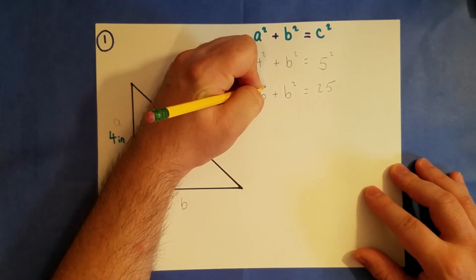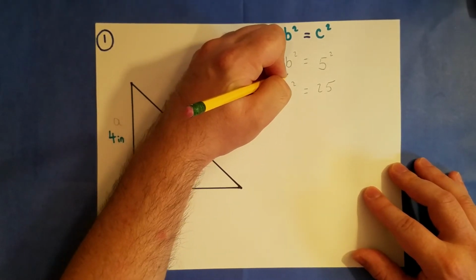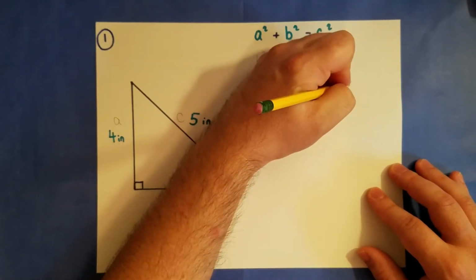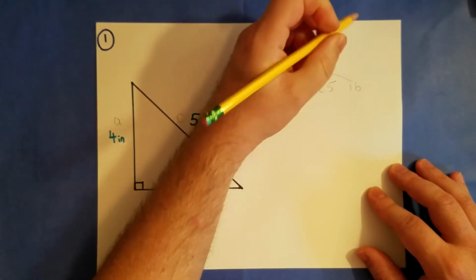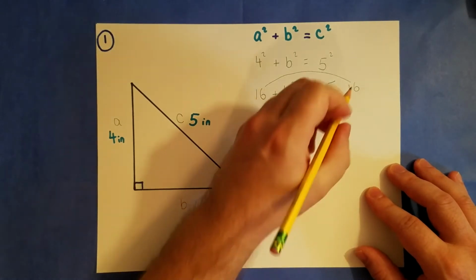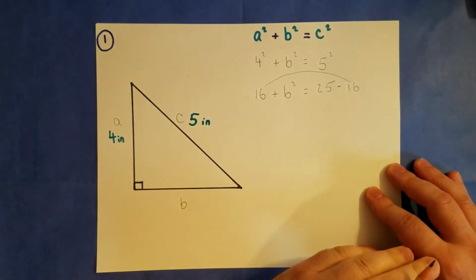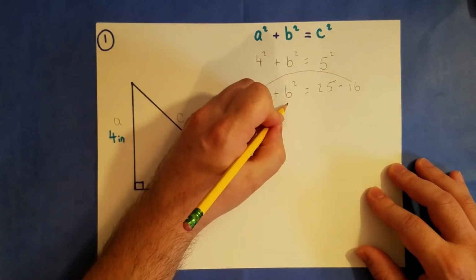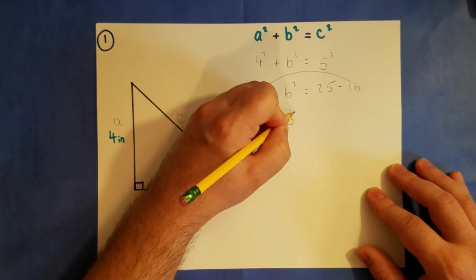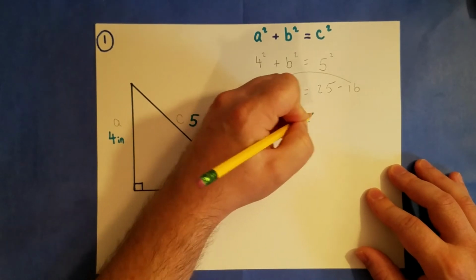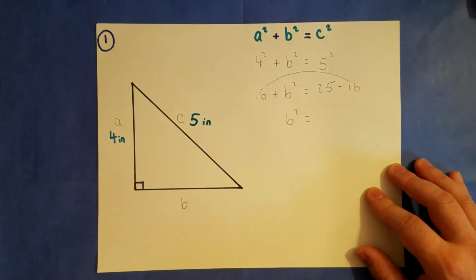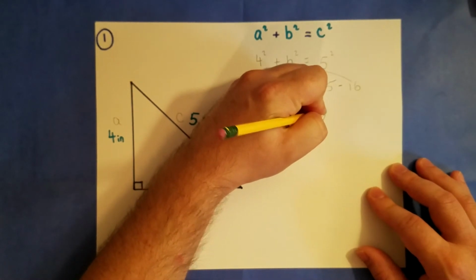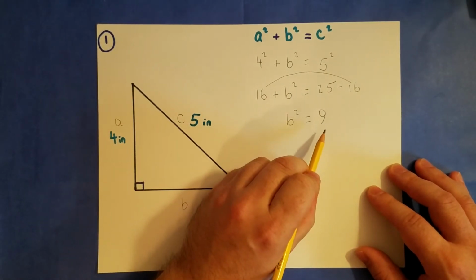So I'm going to take that positive 16 and take it across that bridge, that equal sign, and I'm going to put it over here, and that becomes minus 16. Taking it down the next step, I now have B squared equals 25 minus 16, which is going to give me 9.